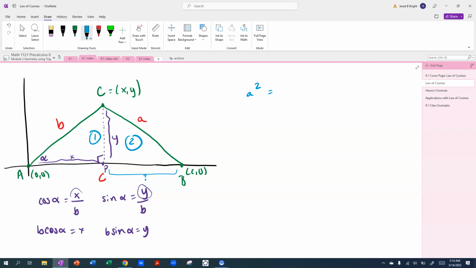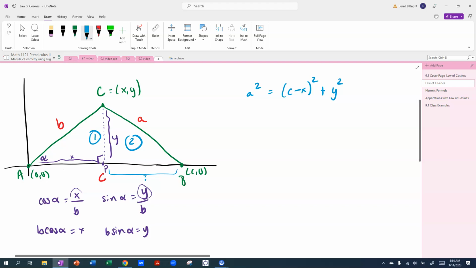I think this would be c minus x, squared, because this whole thing from A to B is c units, and then I just remove x of those. And then plus the vertical side squared, y squared. That's fine and well.